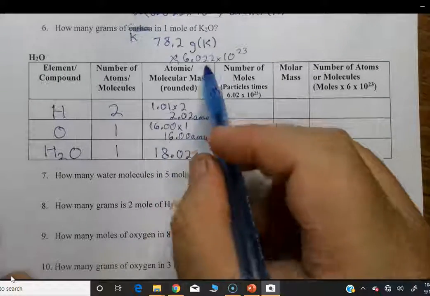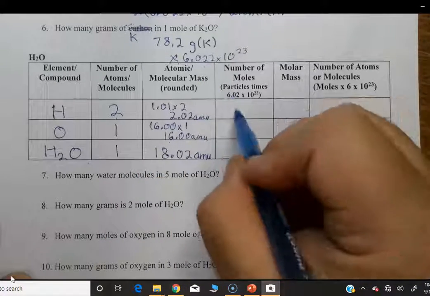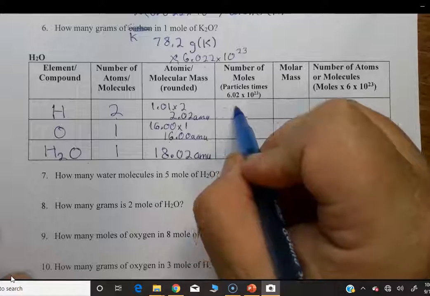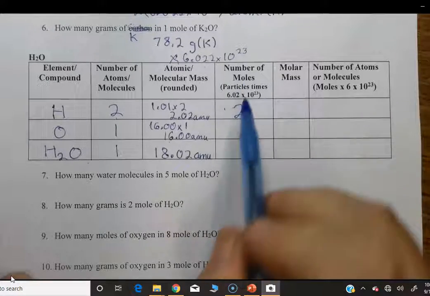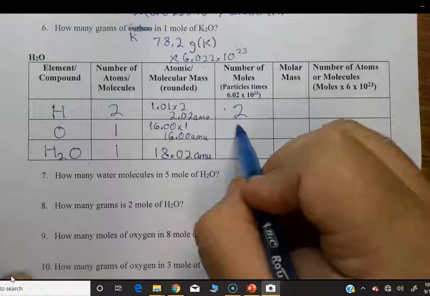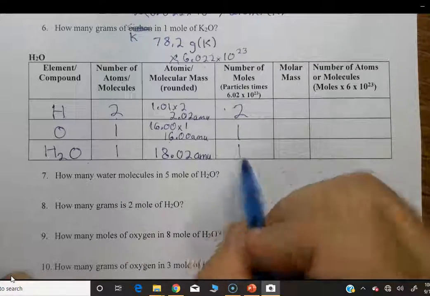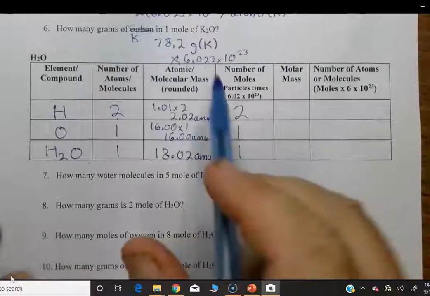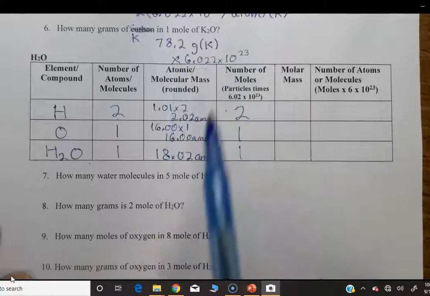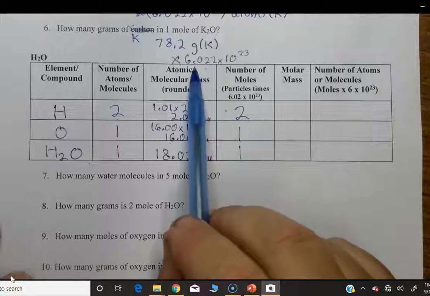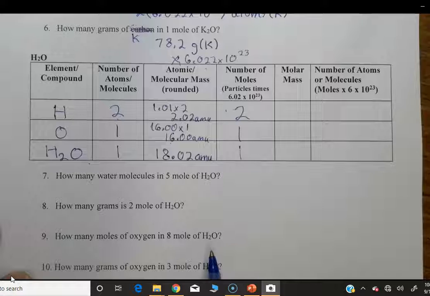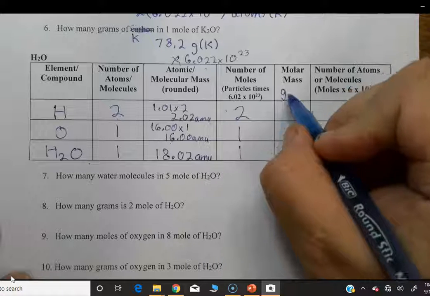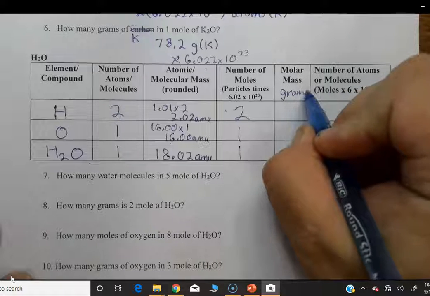We just decided that's a mole, so 2 times 1 mole is 2 moles. So it's 2 moles. That's asking how many moles. 1 times a mole is 1 mole. 1 times a mole is 1 mole. These numbers stay the same. That would be true if any number was defined as a mole. But this is where the magic of this number comes in. How many grams? And we should always write that here in grams, molar mass in grams.